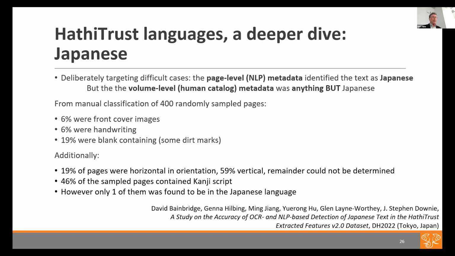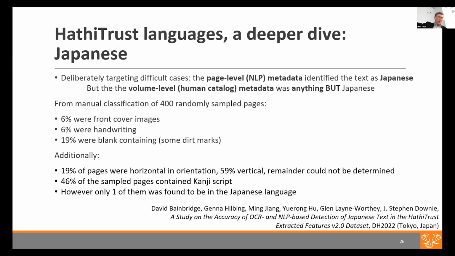It turns out that we get lots of errors, and those are some of the errors that we get. Anything that looks graphic, like kanji or hiragana, ends up being labeled Japanese when it's actually a picture of a tree or something else. Messy handwriting sometimes gets misidentified, and so on. You can see that there from the paper.